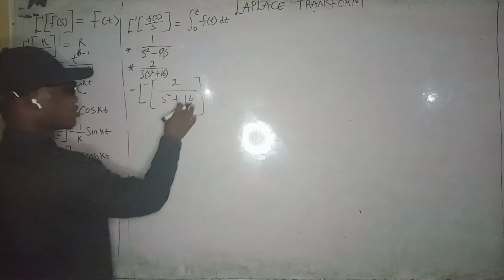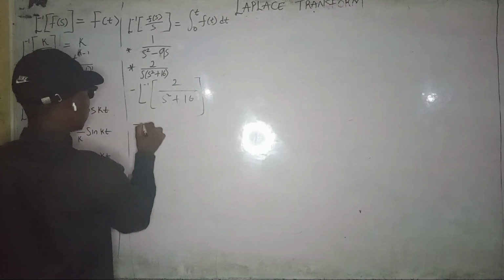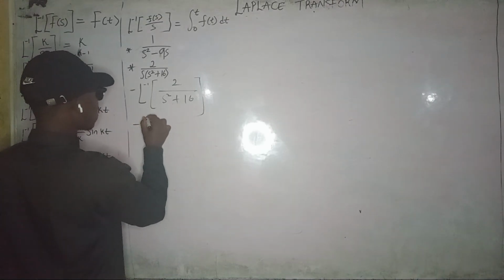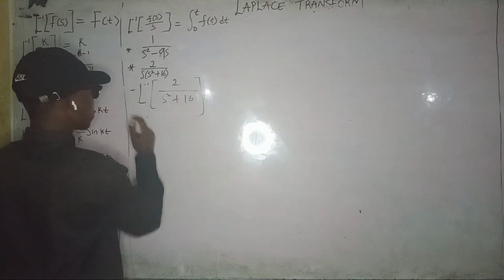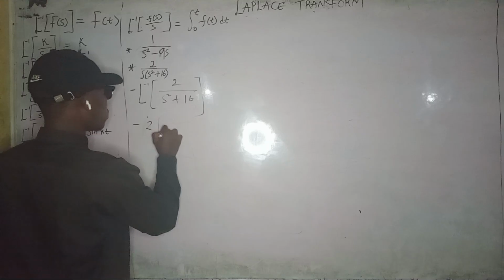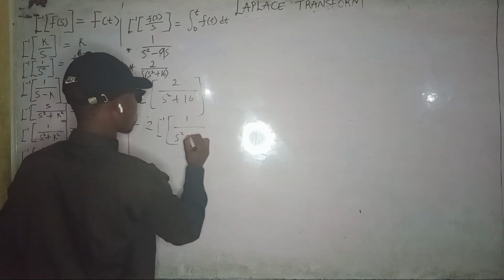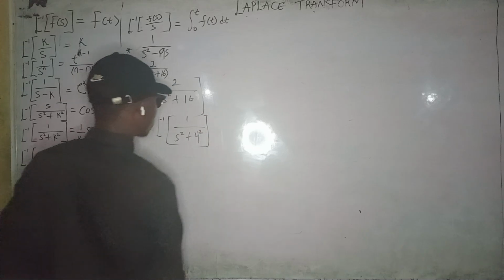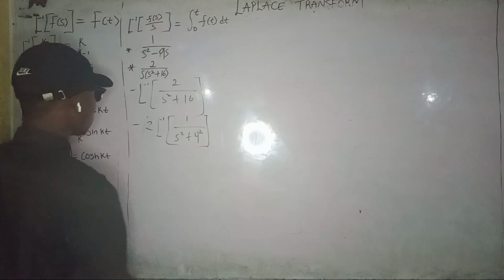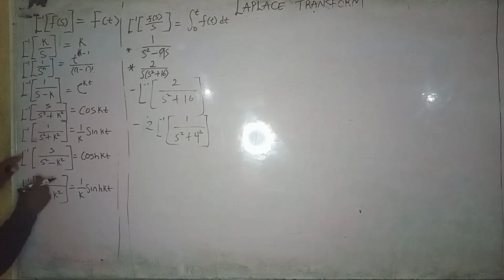And now this we know is equal to 4 squared. So this is equal to the inverse Laplace transform here, and also 2 is a constant. We can bring it out. 2 times inverse Laplace transform of 1 over s squared plus 4 squared. Then this now is going to give us whatever we have, 1 over s squared plus k squared.